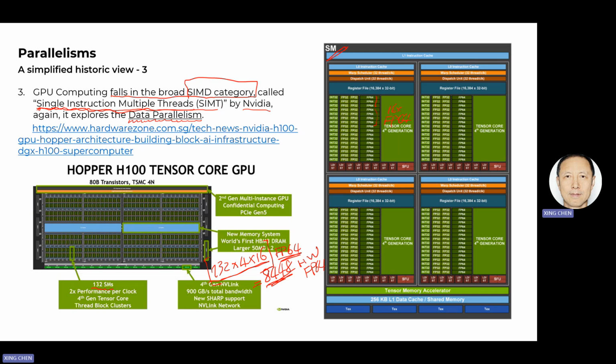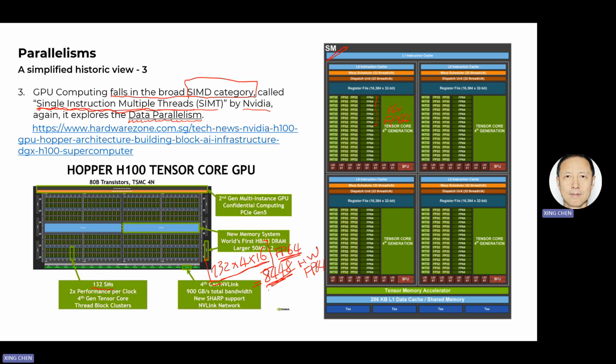So if I have only one thread per hardware unit, we can do 8,448 executions per instruction. That's the basic idea of data parallelism, starting from day one.